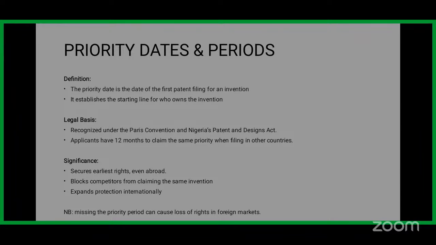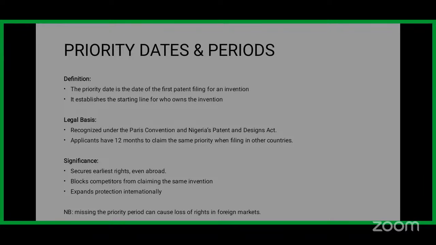Then the significance is that it secures the earliest rights even abroad. So like we have already said, in protection of IP rights, time is of the essence. Then also it blocks competitors from claiming the same invention. Yes, so competitors are precluded from claiming that particular invention insofar as you have been able to claim a priority date and you have followed the procedure for claiming a priority date.